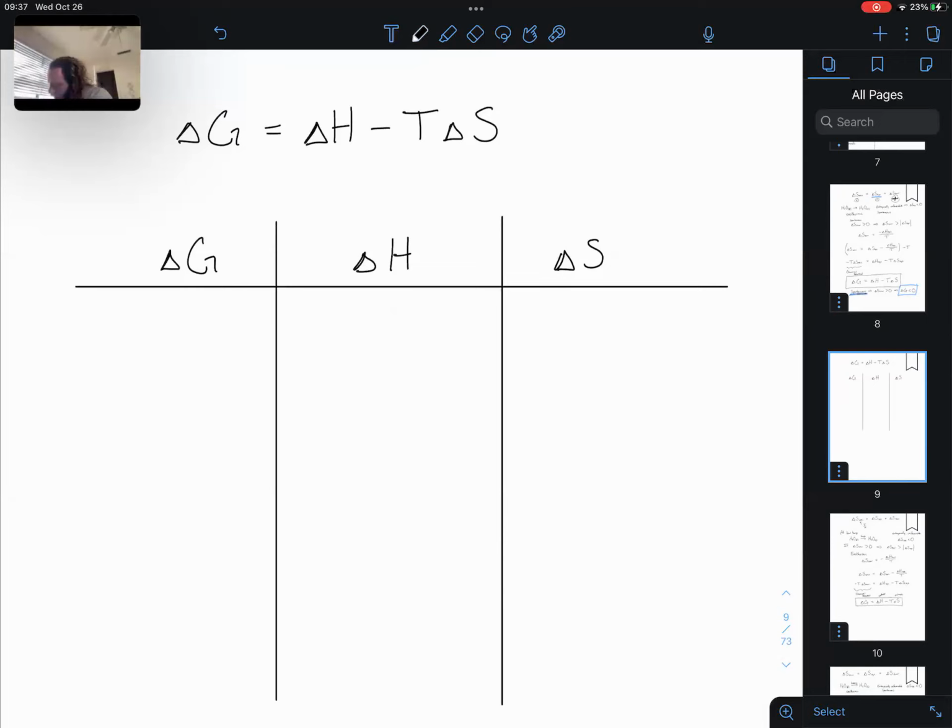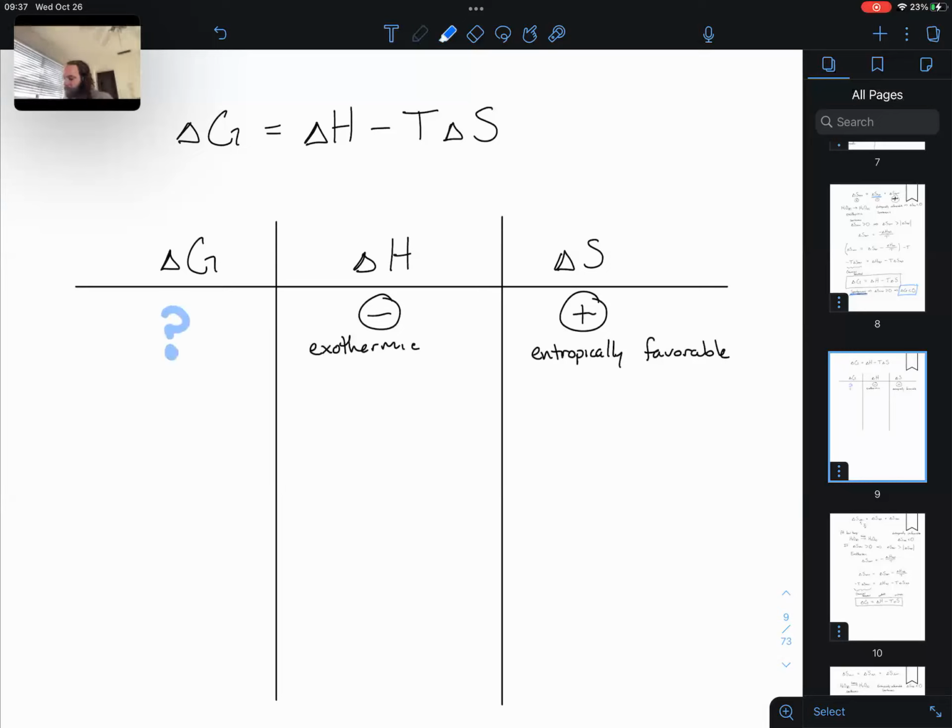Right, so what do I mean by that? Let's say that I have a negative delta H, what we call an exothermic process, and a positive delta S, something that's entropically favorable. What is going to be the sign of delta G?